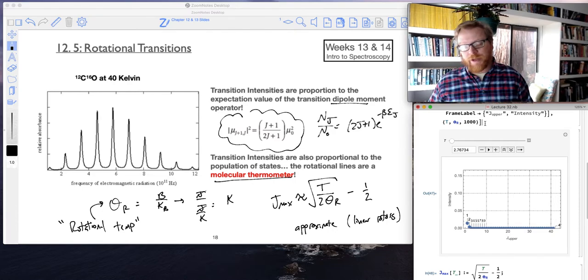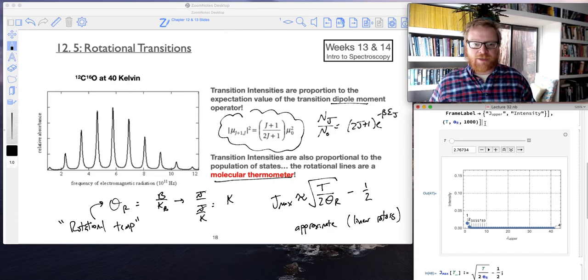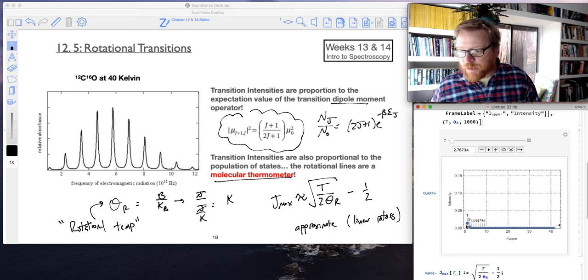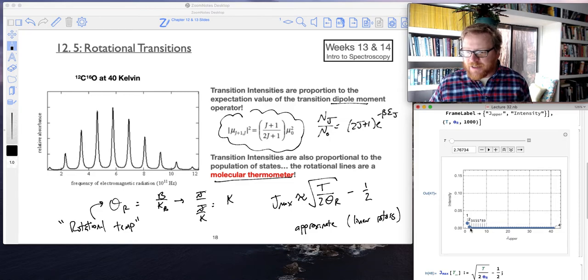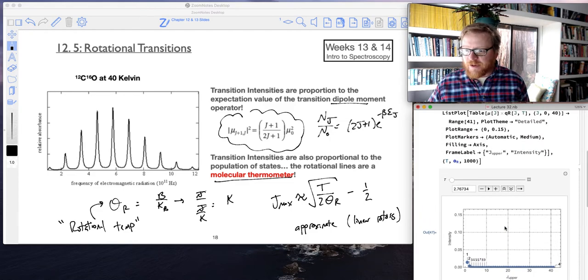Really, really cold. So a sample of carbon monoxide rotating in its ground state will have an energy of 2.77 Kelvin. And you can see the only state that's populated at that temperature is state number 1. If I were to zoom in on the scale, you could see there is a teeny tiny amount of population in state number 2 right there.